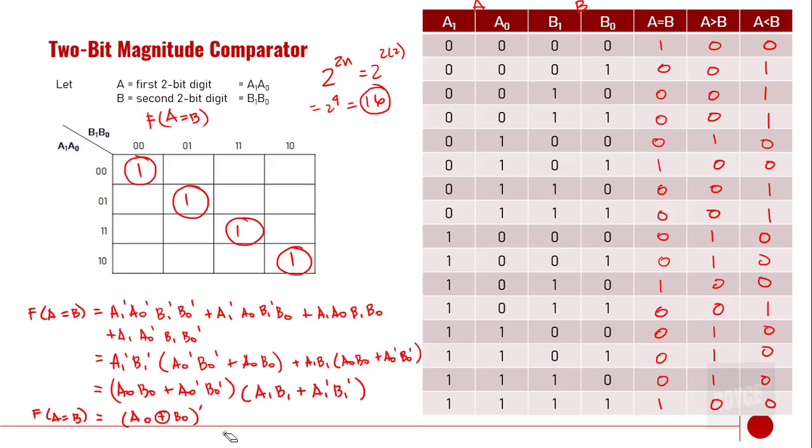Diba? That's our XNOR gate. And then next would be A1 naka-XOR sa B1 and then naka-NOT gate. Now we have our output number 1.